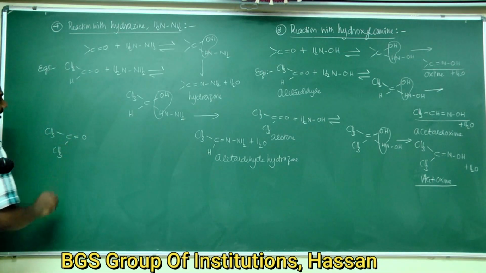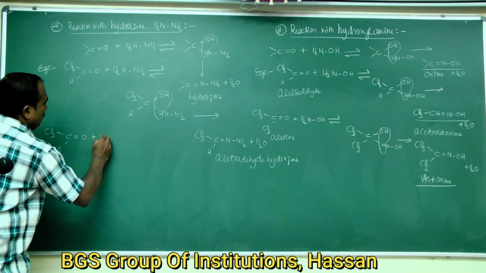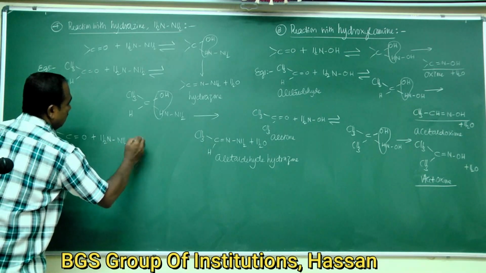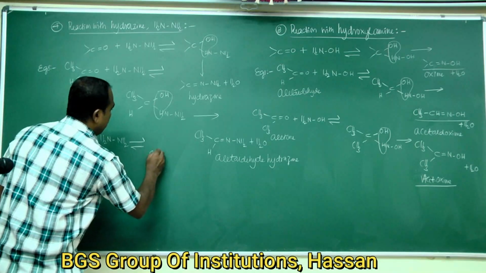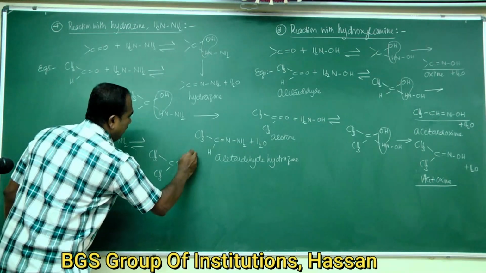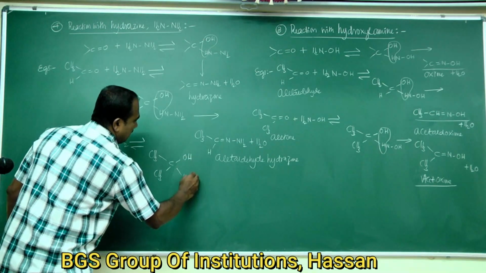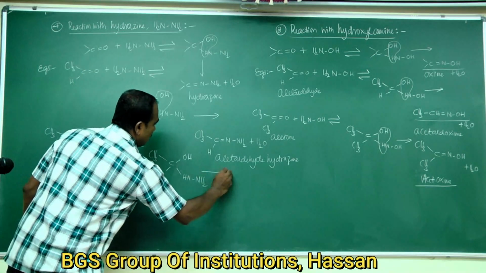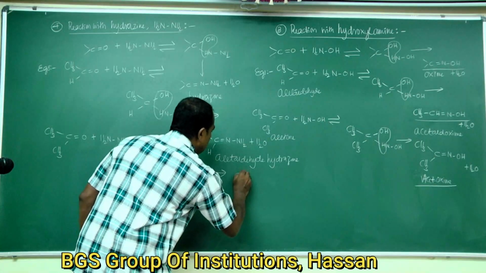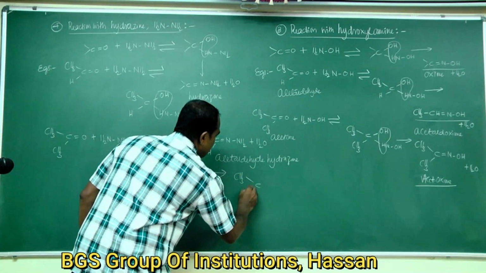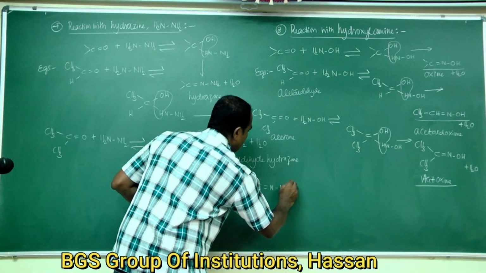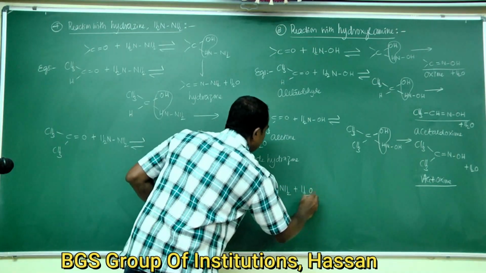Likewise, if you take a ketone, that is CH3COCH3, acetone, it reacts with hydrazine to form the intermediate. This on dehydration gives CH3 C CH3 double bond N connected to NH2 plus H2O.